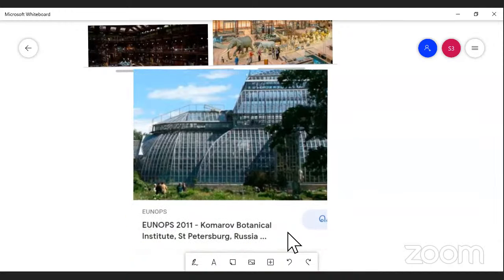It is situated in St. Petersburg in Russia, formerly Leningrad. This is the name of the herbarium, Komarov Botanical Institute, the place where the dried specimens, I mean the herbarium, are also prepared and maintained, right?